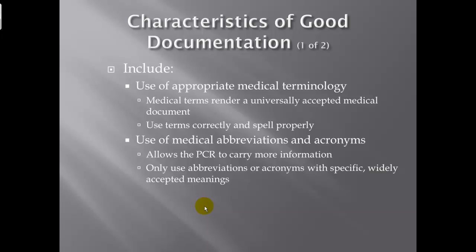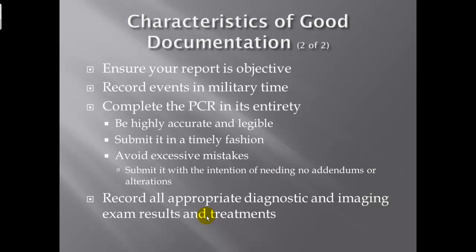Use terms correctly and spell properly. Use the medical abbreviations and acronyms, which allow the PCR to carry more information. Only use abbreviations or acronyms with specific, widely accepted meanings. In other words, you can't make your own medical shorthand.